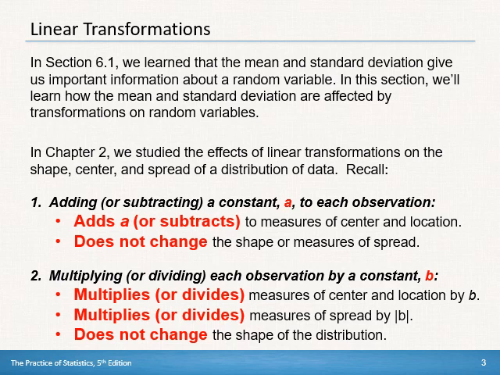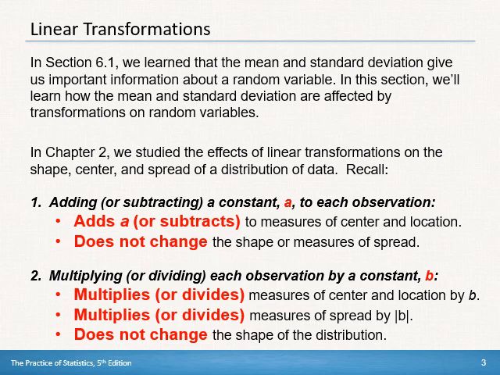Remember that when we multiply measures of spread by B, technically B could be negative, so that's why we have this absolute value of B. Standard deviations, remember, are always positive, so it'll affect the spread. It'll multiply by the opposite of B if B is negative, because the absolute value is always positive.